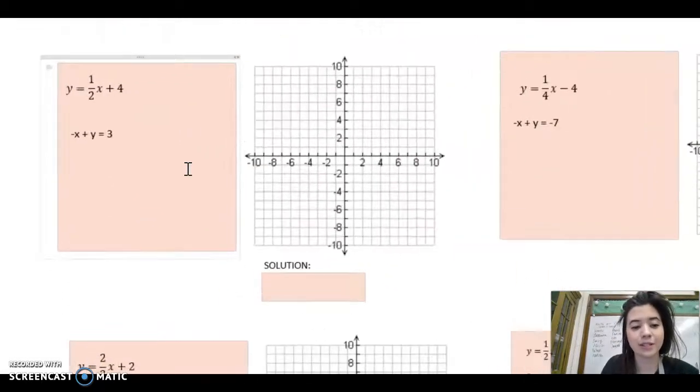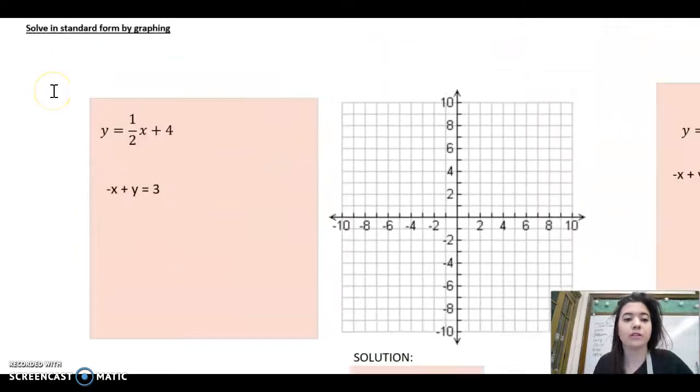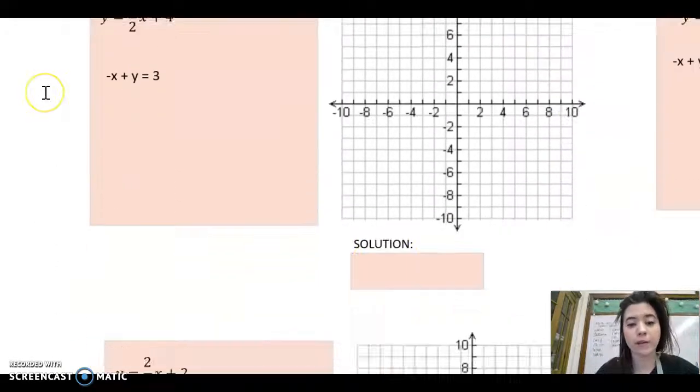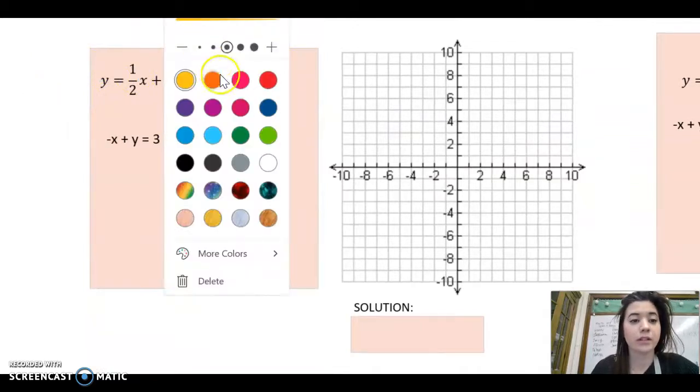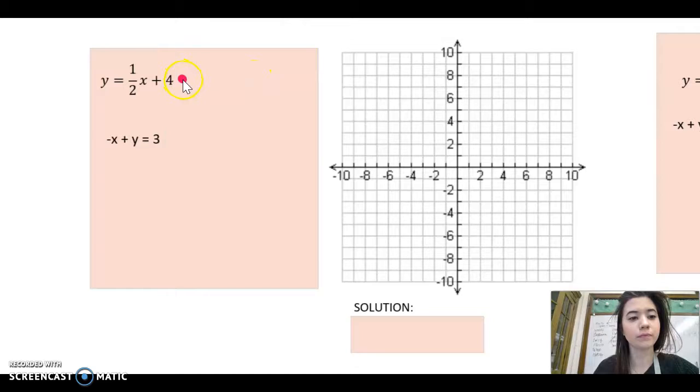Alright, last one I'm going to model for you. So same type of problem, we're graphing a system, so we're looking for where they cross. So let's go ahead and start. So we have plus 4 as our y-intercept.